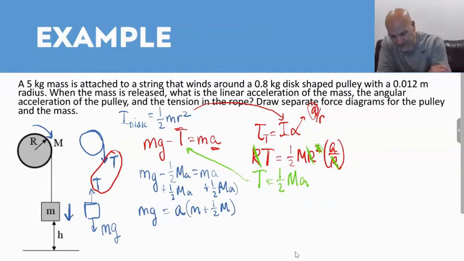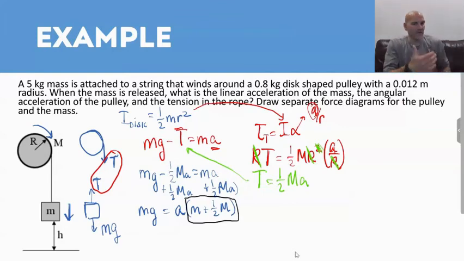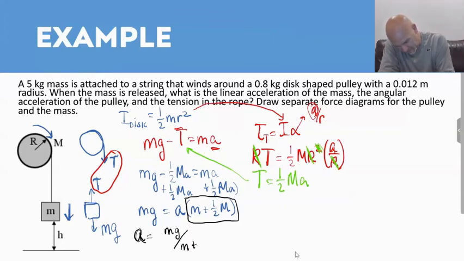And so for acceleration, now remember when we talked about additive machines, we're going to divide by total mass. So this is kind of a total mass, but note that because of the disk, really it's only going to be focusing on half of that mass, but it's still total mass in some way of that system. So a, our acceleration, is going to be mg divided by little m plus 1/2 times big M.